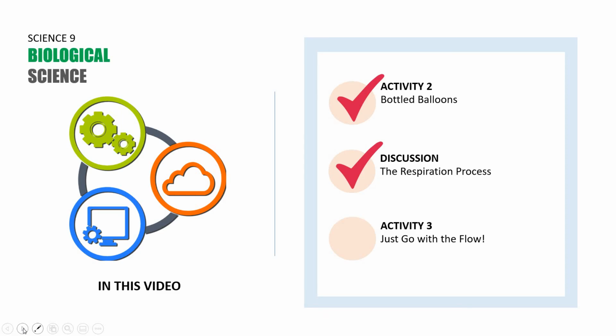We also described the size of the lungs. I hope that when you're asked next time to describe the respiration process, you are going to keep those factors in mind. And the last part is just go with the flow. We used an illustration, and perhaps some of you even did the actual activity.